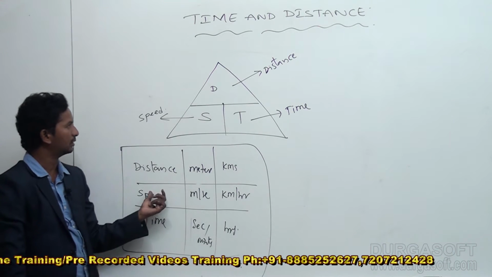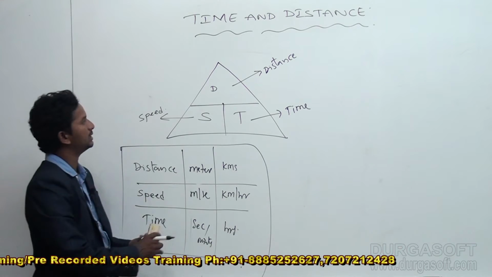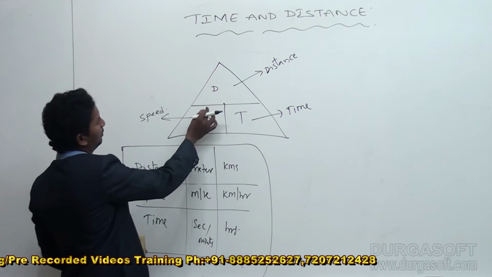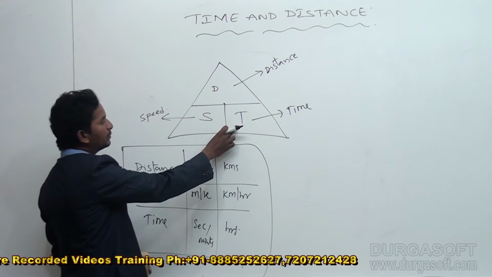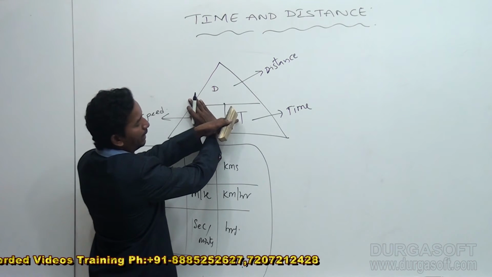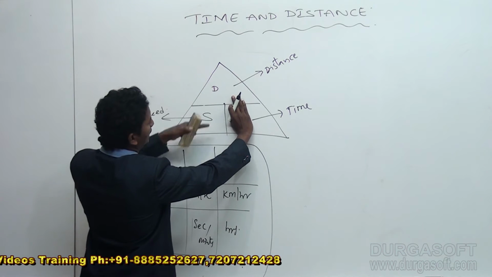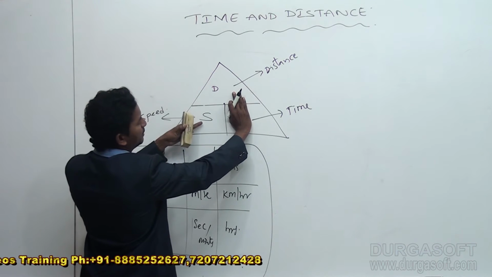Now this is the concept for solving time and distance. The relation is: distance is equal to speed into time. Now closing the speed, speed is equal to distance by time. Closing the time, time is equal to distance by speed.